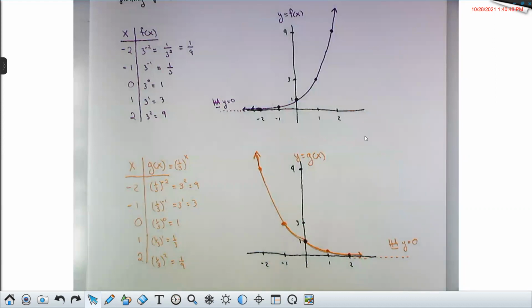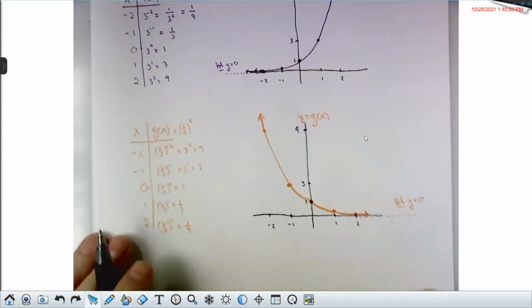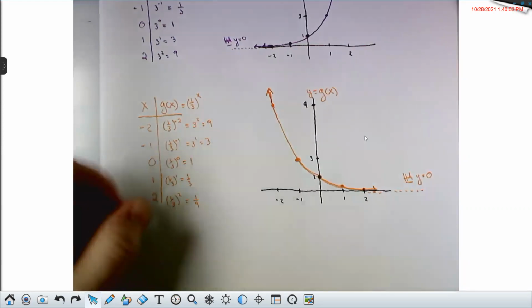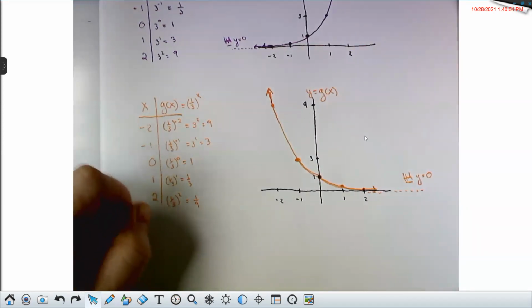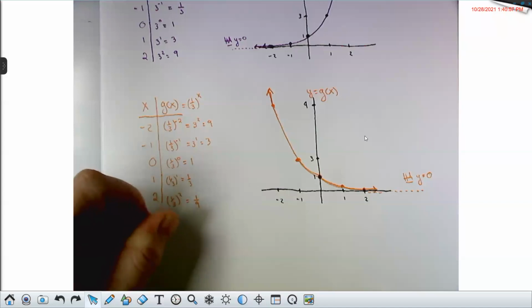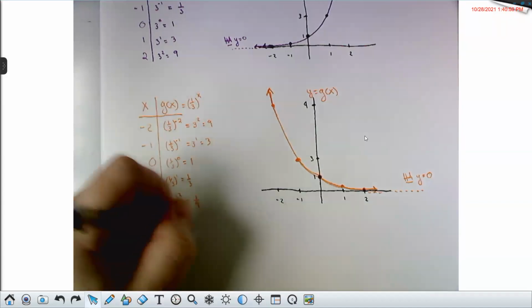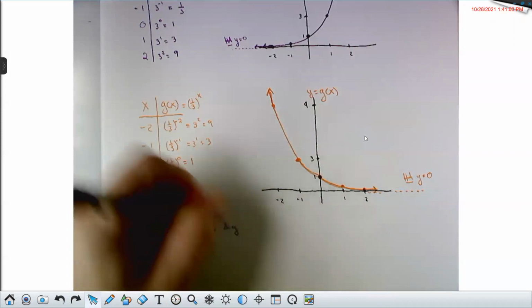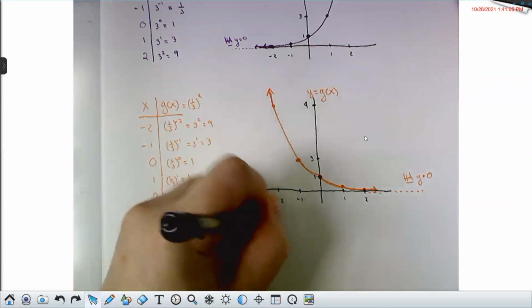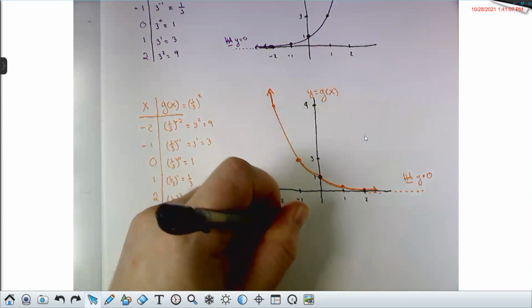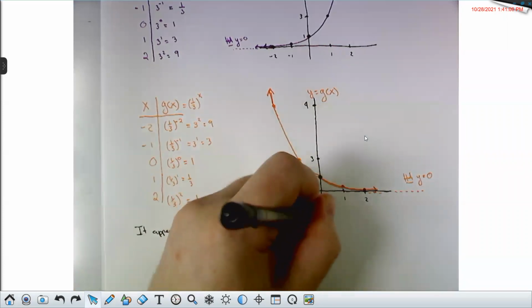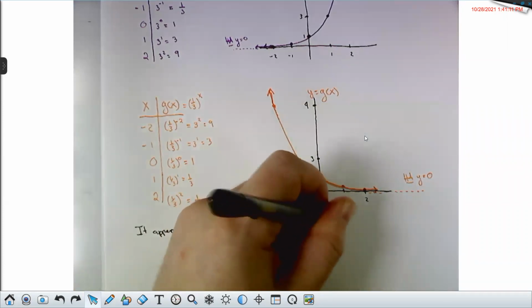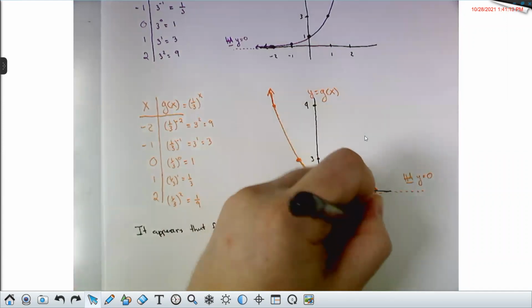It appears to be the case that f and g are horizontal reflections of each other.